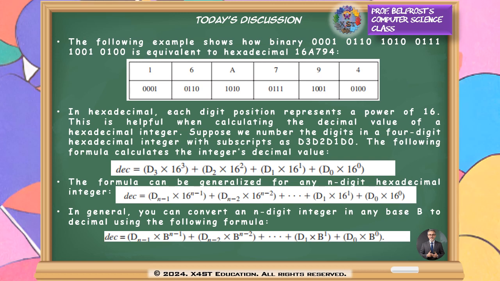We can generalize this formula for any n-digit hexadecimal integer, as shown. By understanding this, you can also generalize a more general formula for any n-digit integer in any base b to convert it to decimal using the formula shown in the slide. Maybe you want to capture this one.